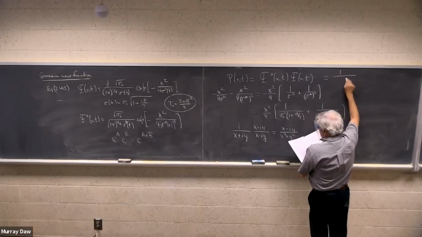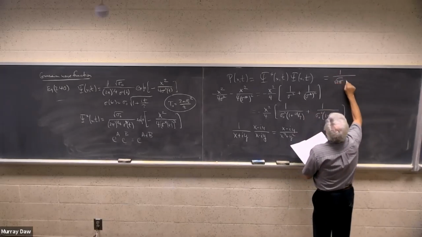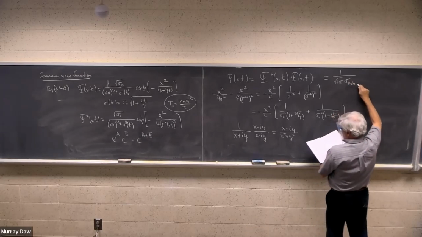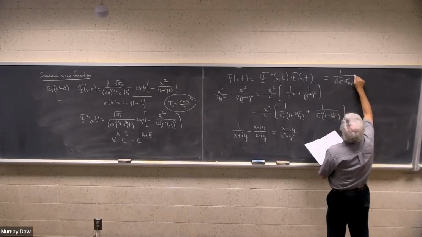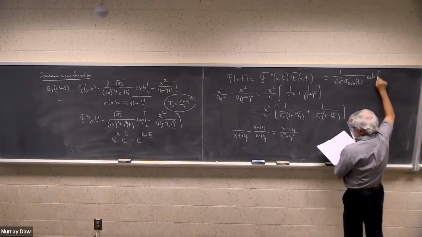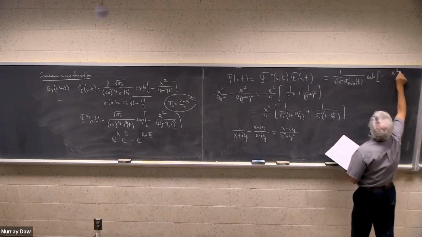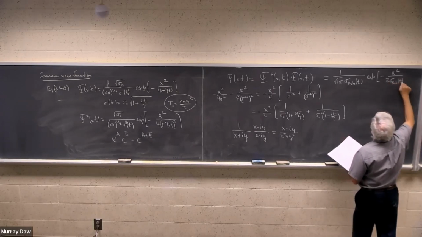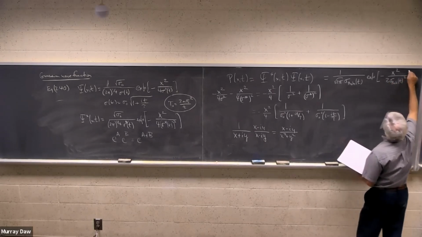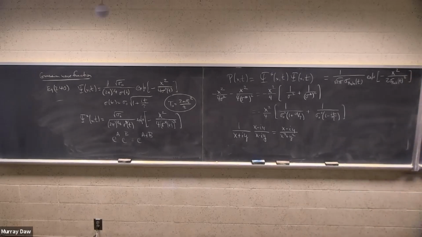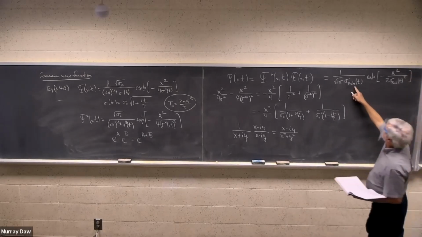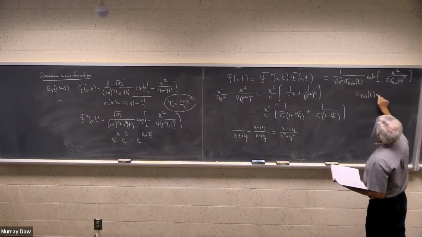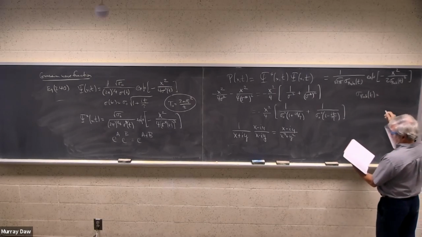So the probability is written down in here. Okay, you'll get this answer. We're going to use this new symbol here, sigma, for the probability distribution.